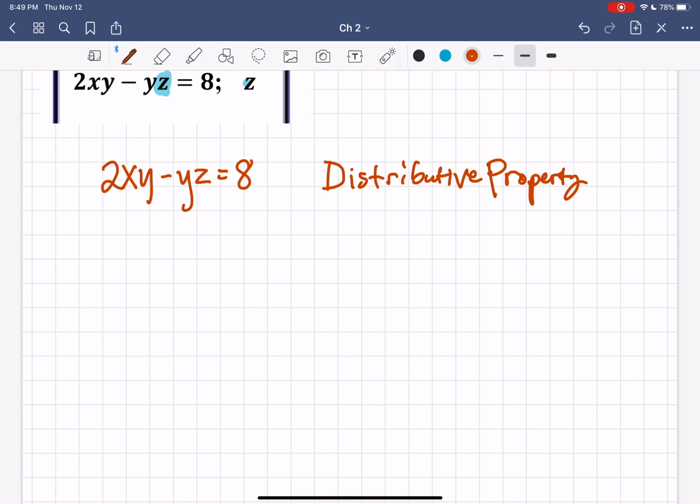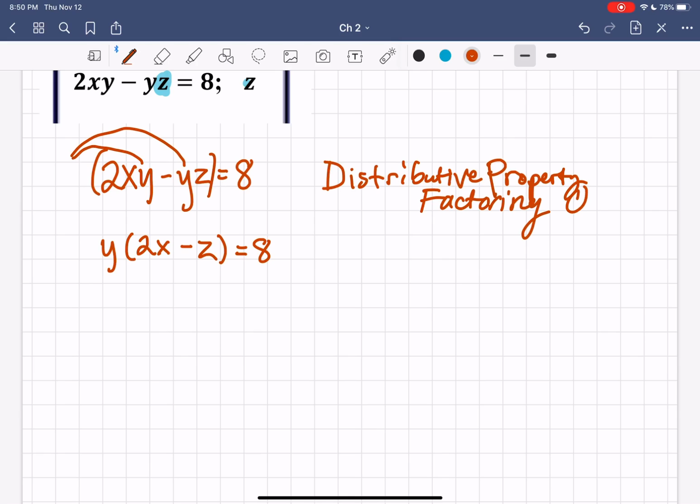I like to think of it as reverse because instead of taking a y and distributing it, I'm going to be taking the y from both of my terms, and it's factoring out the y. So that would give me y times 2x minus z equals 8. So this is factoring out.